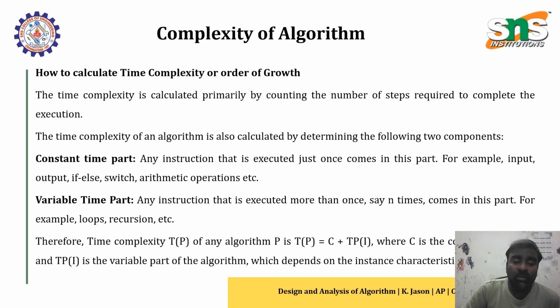The variable time part is any instruction executed more than once, say n times. Here also we use the formula T(P) = C + T(I). Any instruction executed just once is a constant time part, and any instruction executed a number of times is a variable part.